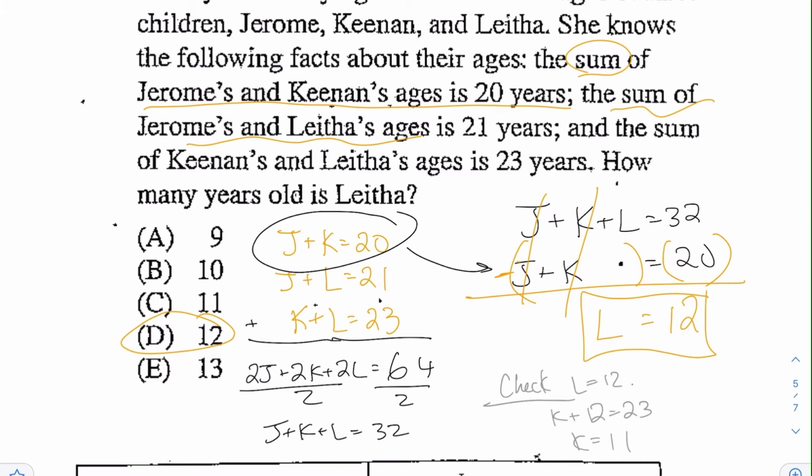Now if K is equal to 11, we can actually solve for J. We know that J plus L is equal to 21. So J plus L, which is 12, is equal to 21. That means that J has to be equal to 9. And finally, 11 plus 9 is in fact equal to 20. So everything does check out. So the 3 people are 9, 11, and 12.